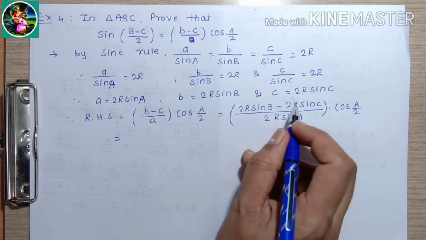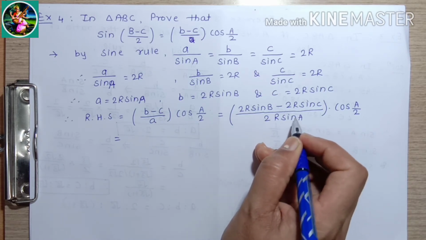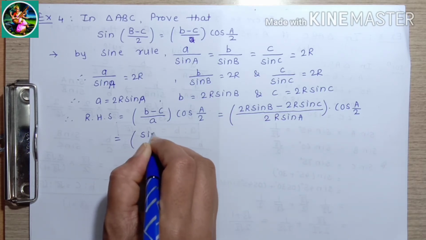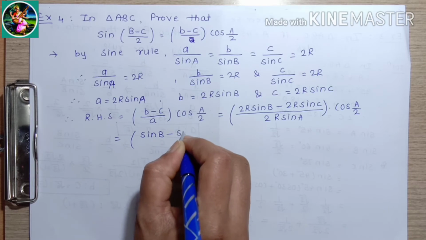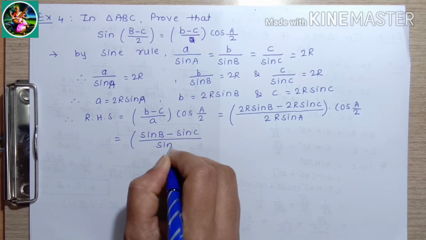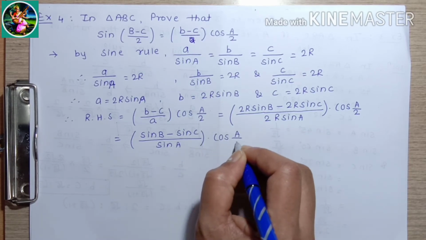Now we take 2R common from the numerator and cancel with the denominator. Here we get sin B minus sin C divided by sin A into cos of A upon 2.